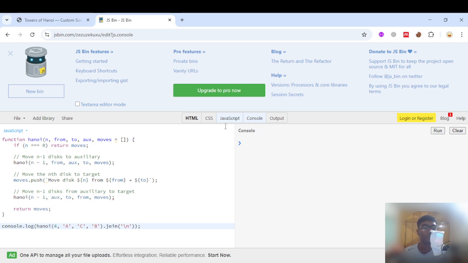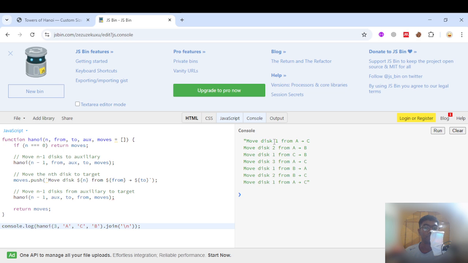So if you see, I will just run this for a 3 disk. The parameters here: n stands for the number of disks, and from tower A to tower C with the auxiliary rod being B, right? So I'll show this out. Firstly, you see these steps.